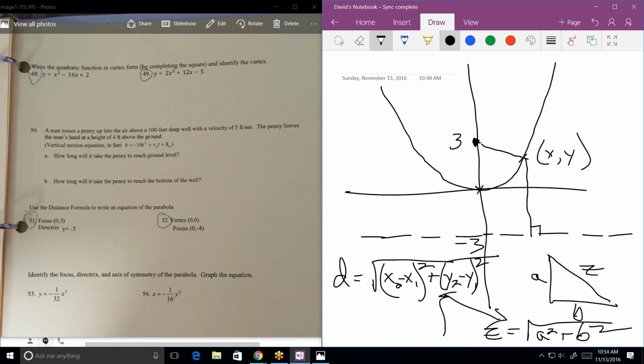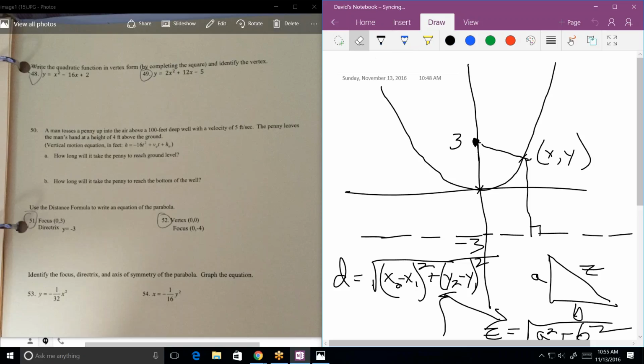The distance between 2 points is always the hypotenuse of a right triangle that I would make. If I draw a right triangle there, that distance from that point 3 to this point x, y is the hypotenuse of that little right triangle I've created. You'll see that the second distance is not the hypotenuse, but far easier to figure out.